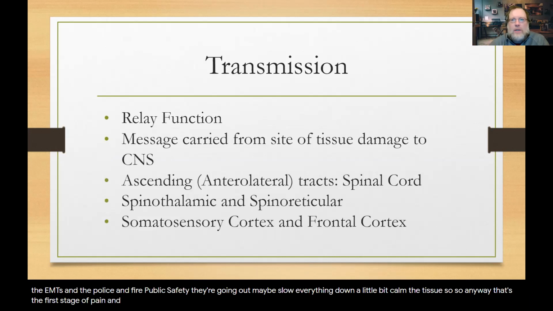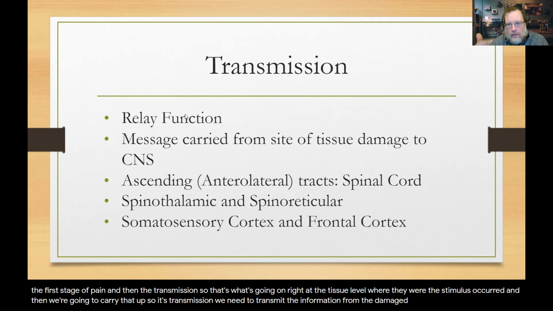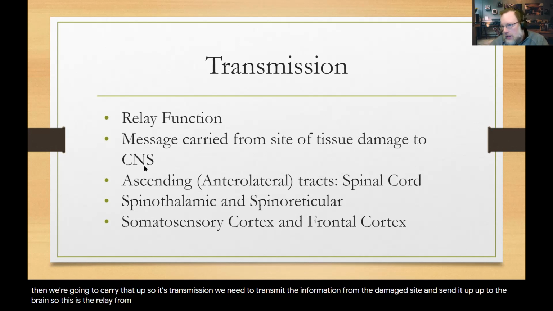And then the transmission. So that's what's going on right at the tissue level where the stimulus occurred, and then we're going to carry that up. With transmission, we need to transmit the information from the damaged site and send it up to the brain. So this is the relay from the site of tissue damage to the central nervous system, so we're dealing with the spinal cord and the brain.